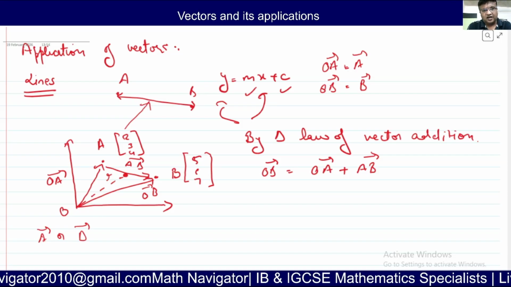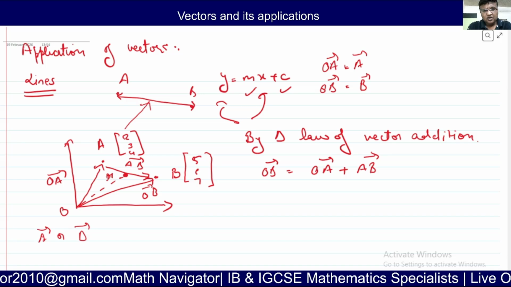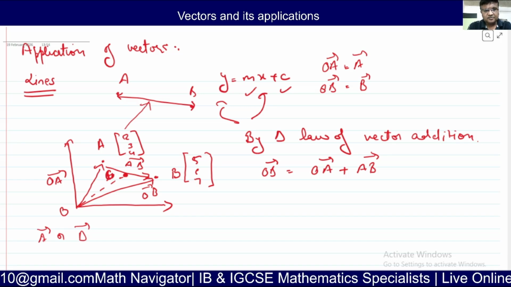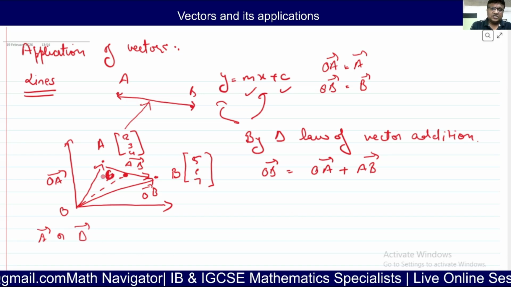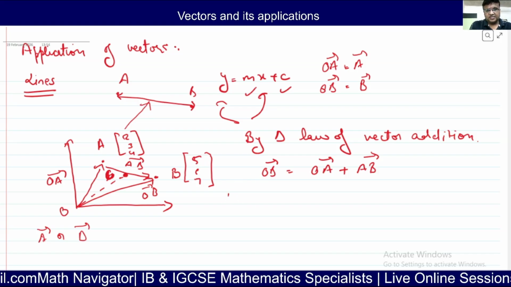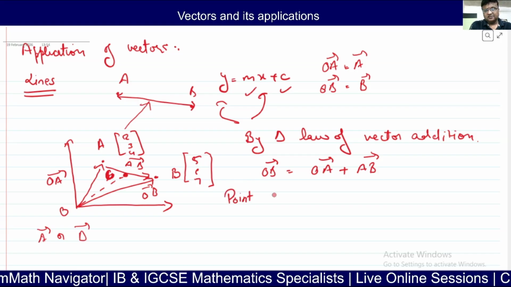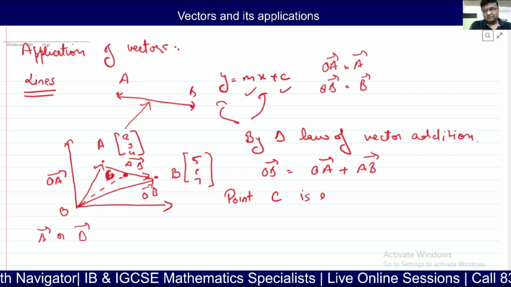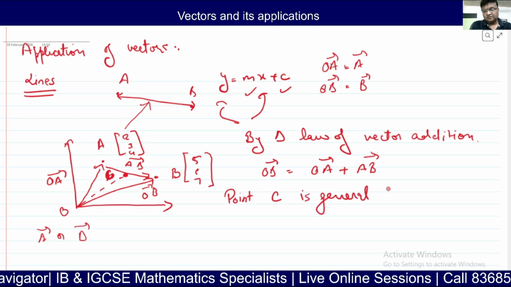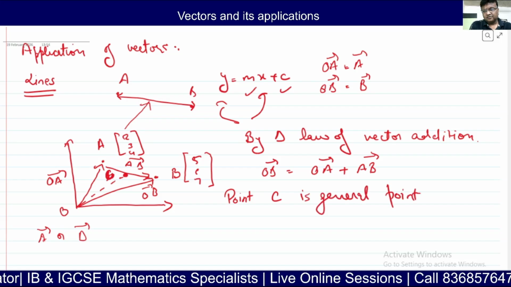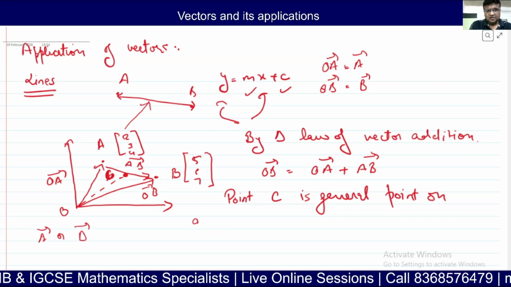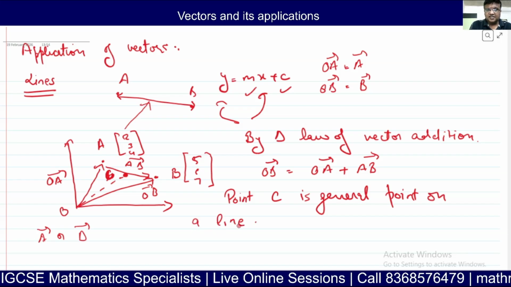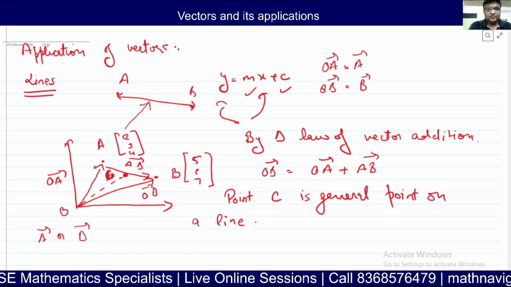Let me call it C. So point C is a general point on the line.